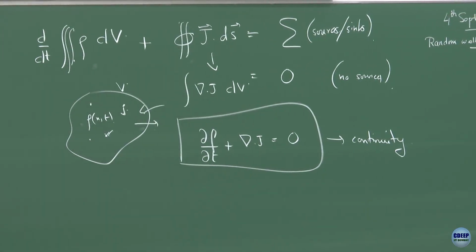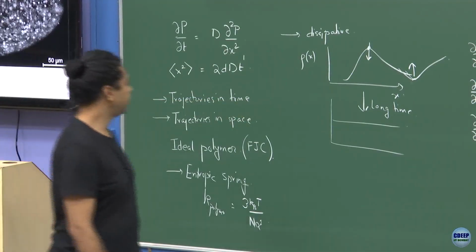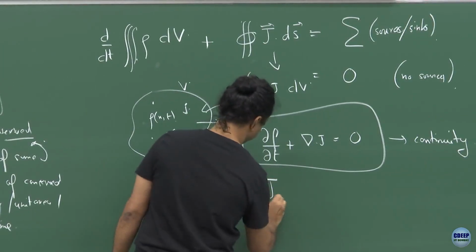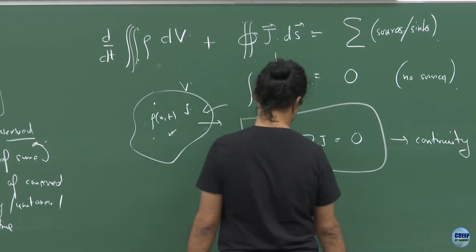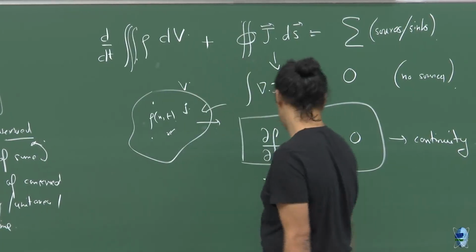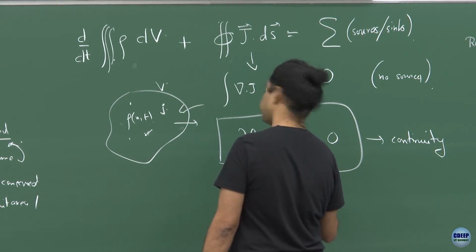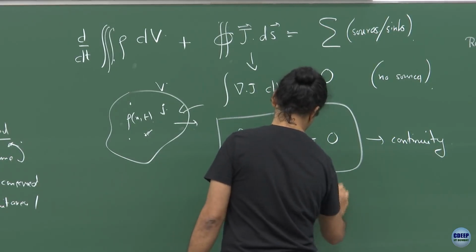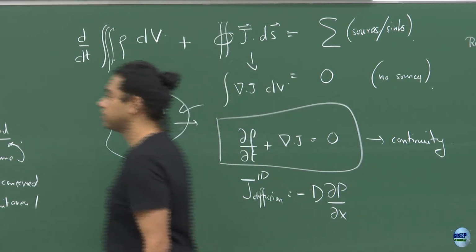What that means is that if I talk about diffusion, I can identify a diffusive current, because I can look at this equation and that equation, and read off what my diffusion current is. So J diffusion, let us say in 1D, is minus D del rho del x.